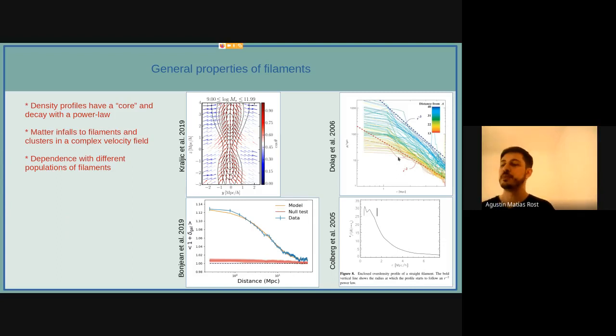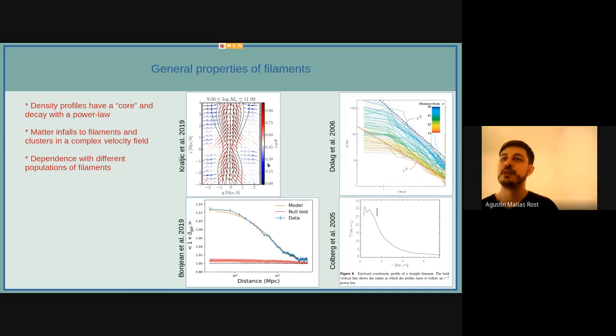So depending on the position along the filament, the profile varies. For example, near the node, the density tends to be higher, and the slope changes to -3. This is in general the case for gas, dark matter, and also galaxies. So we see the core and the power law.